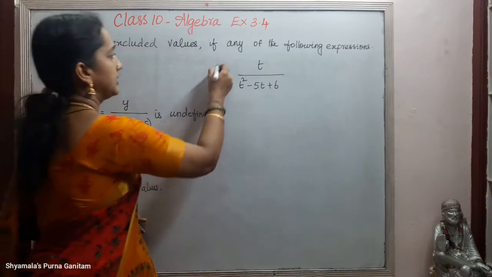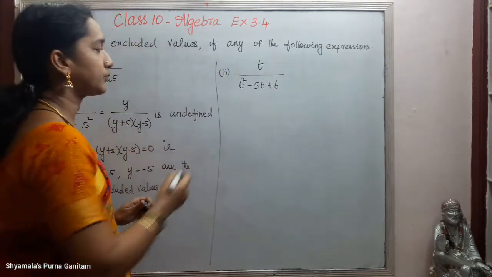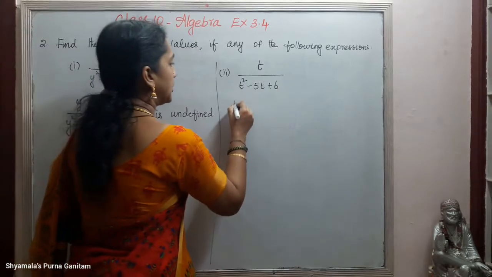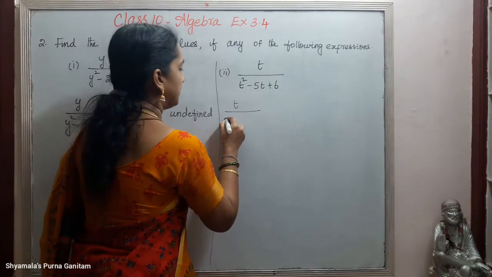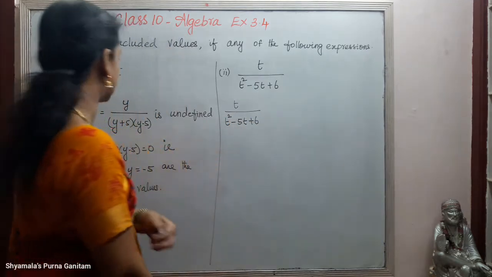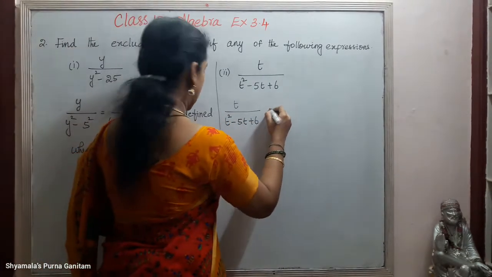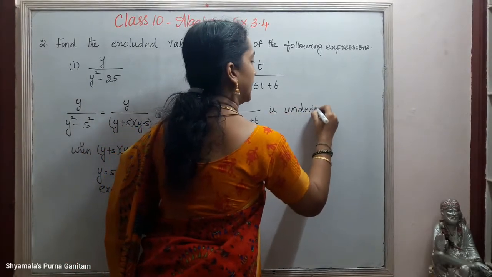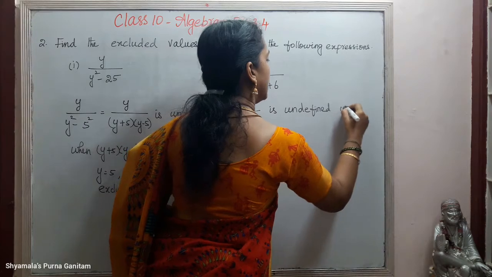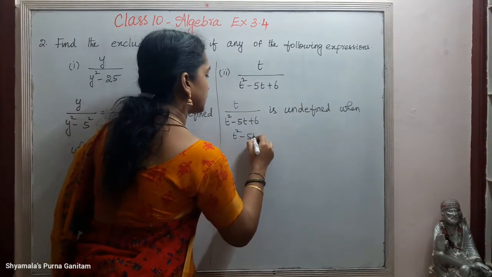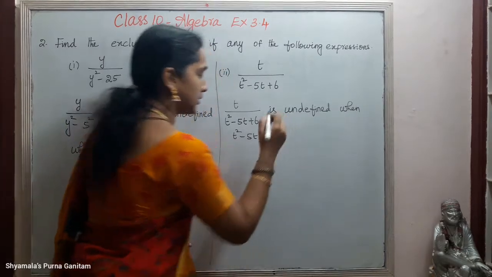Then the second sum is t by t squared minus 5t plus 6. The same thing we will write: t by t squared minus 5t plus 6 is undefined when t squared minus 5t plus 6 is equal to 0.